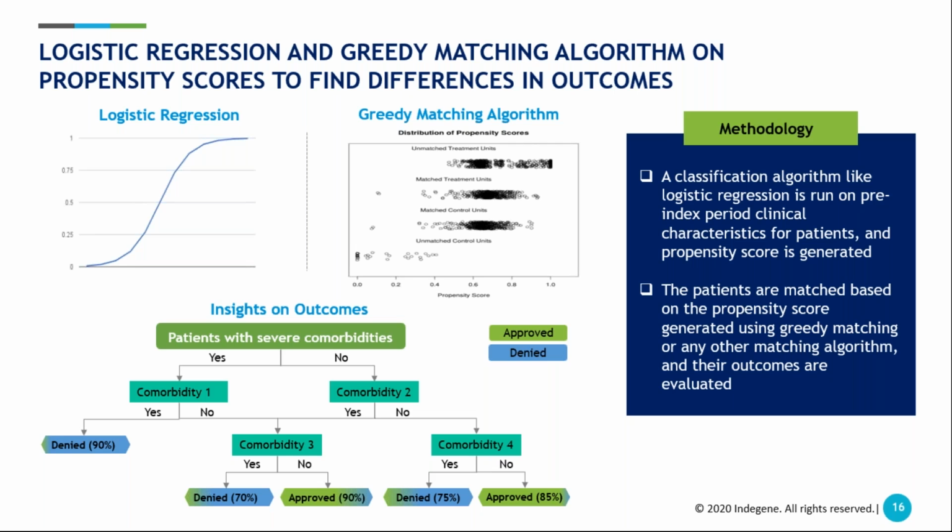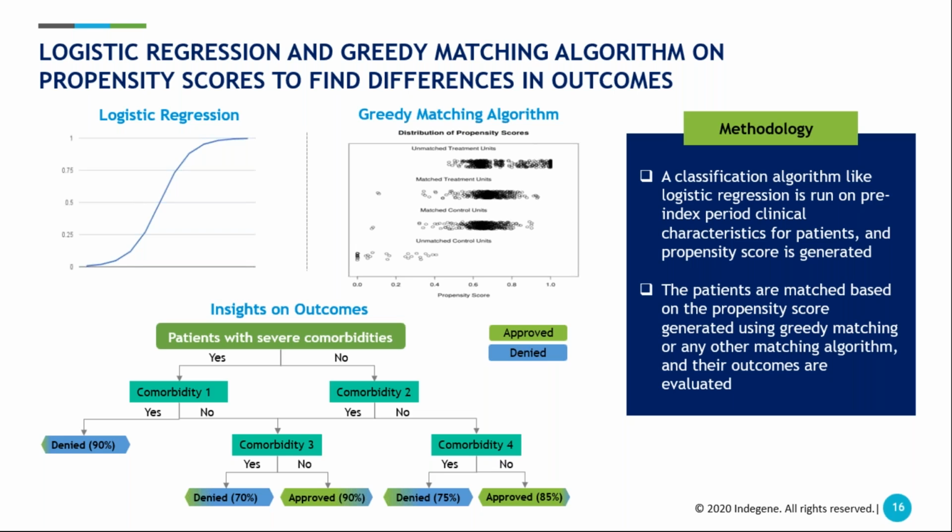You match them based on propensity scores, and now you could add another criteria on top of it, that the patient from both the approved group and denied group should have been diagnosed with diabetes as well, just for the sake of an example. Now, if the patients still have a similar propensity score between approved and denied group, but one of those patients has diabetes while the other does not, then you still drop that patient from your analysis.